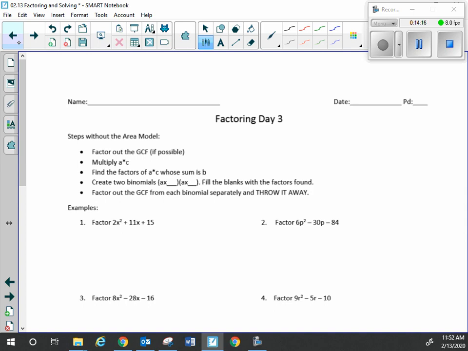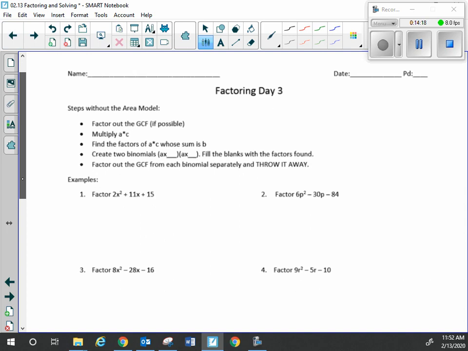All right? So, looking through our steps, let's see what's changed. Factor out the GCF. Has that changed? No. A times C? Nope. Factors of A, C, whose sum is B? Nope. Create two binomials. Yes. Okay, so everything up to here is exactly the same.